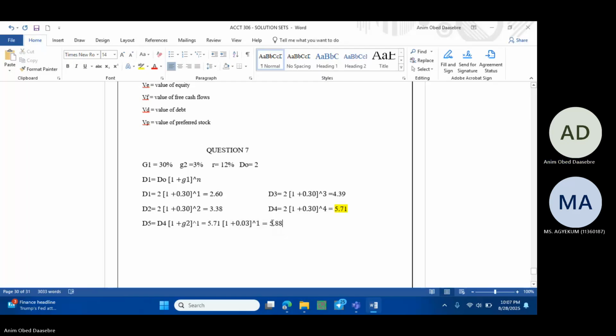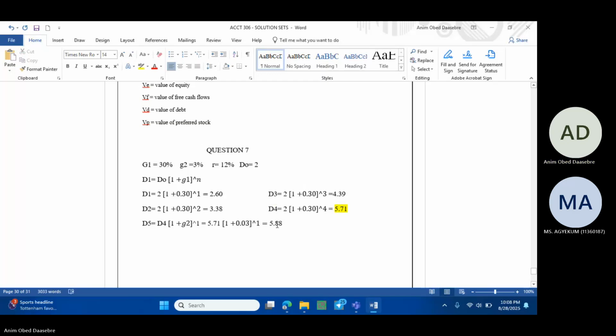So now this value, since it is for perpetuity, we have to discount it back to the nearest year. And this value will give us what we call the terminal value at the end of the 4th year. Because this one is in perpetuity, we need to find the terminal value of the dividends at year 4.